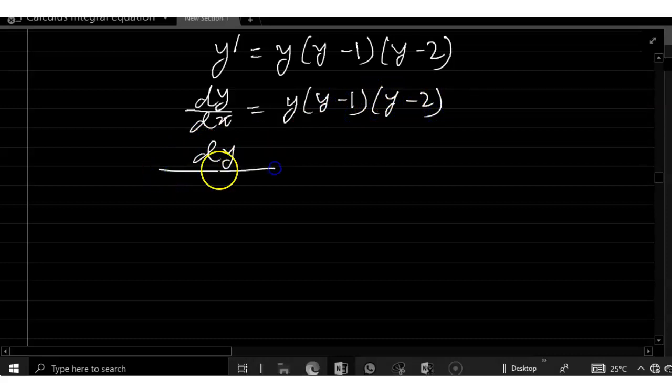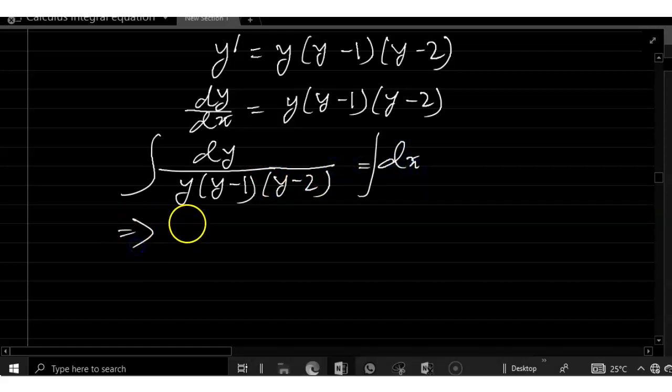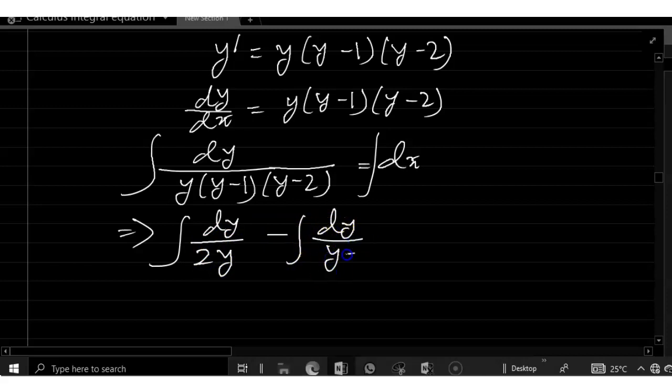So dy divided by y(y−1)(y−2) equals dx. So my value will become the integral of dy/(2y) minus the integral of dy/(y−1), just partial fractions, plus 1/2 the integral of dy/(y−2) equals x.